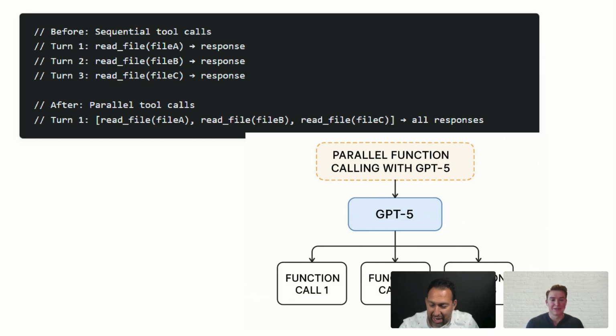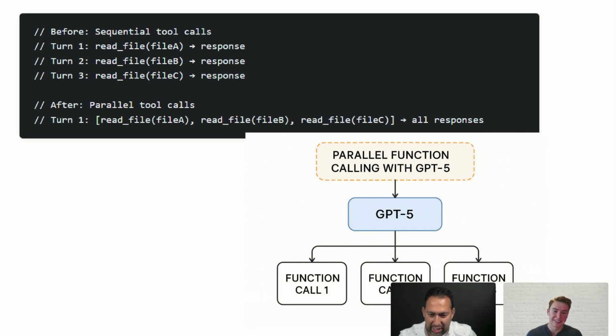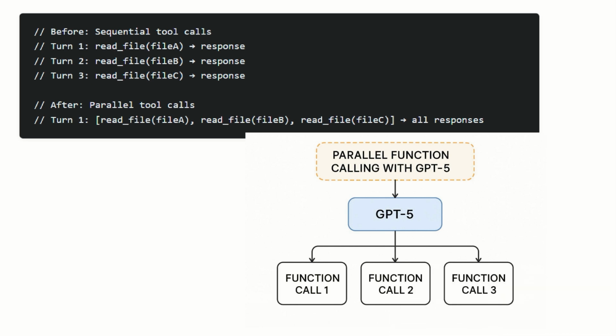I love it. And so here's the diagram that I should have pulled up when we were asking about function calls. What are we looking at here? Here we've got an example diagram of what parallel function calling essentially is. Before parallel function calling, we would do sequential tool calls. Up at the top, we can see on the various model turns, we're calling some function, in this case read file, with 3 different files, and then getting those responses.